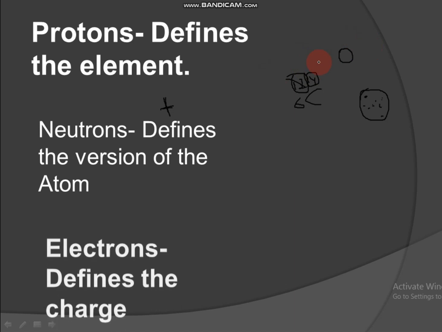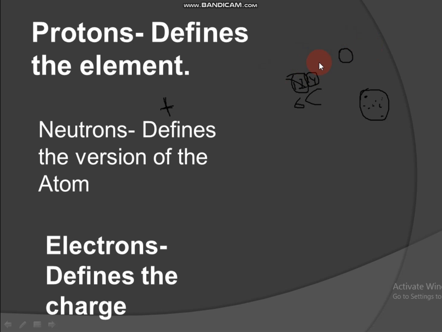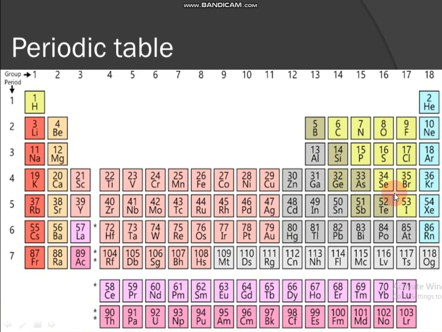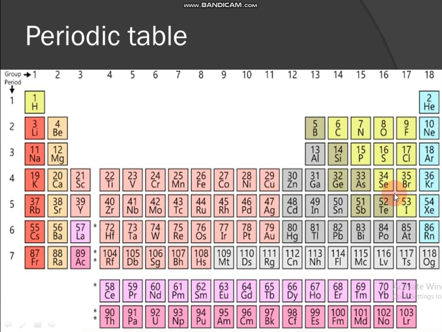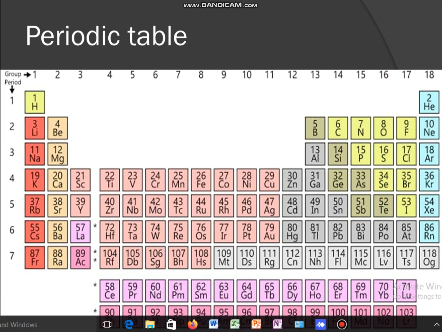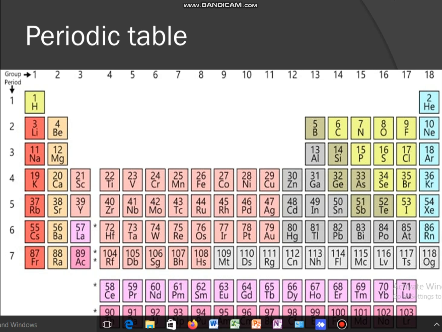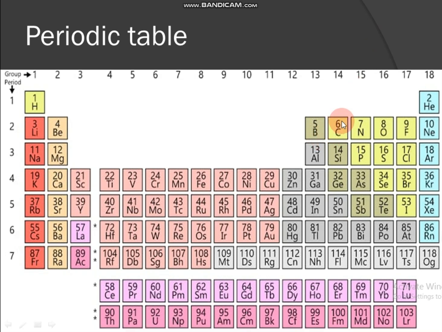Next come the electrons. Electrons define the charge of the atom. But how do they define the charge? Let's go to our periodic table. This is the periodic table, and you can see this is carbon. It has 6 protons.